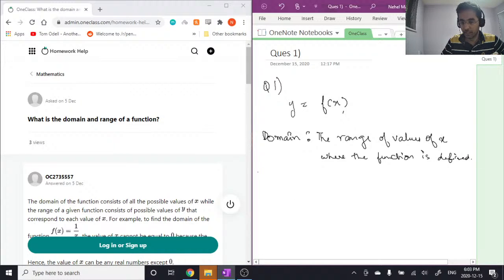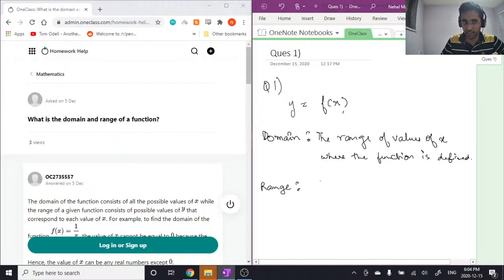Okay, similarly, we also have the range of a function. Now, the range of a function is all the values the function can take. When I say function, it's actually all the values of y, in this case, which it can take for all the corresponding values of x, which are part of the domain.